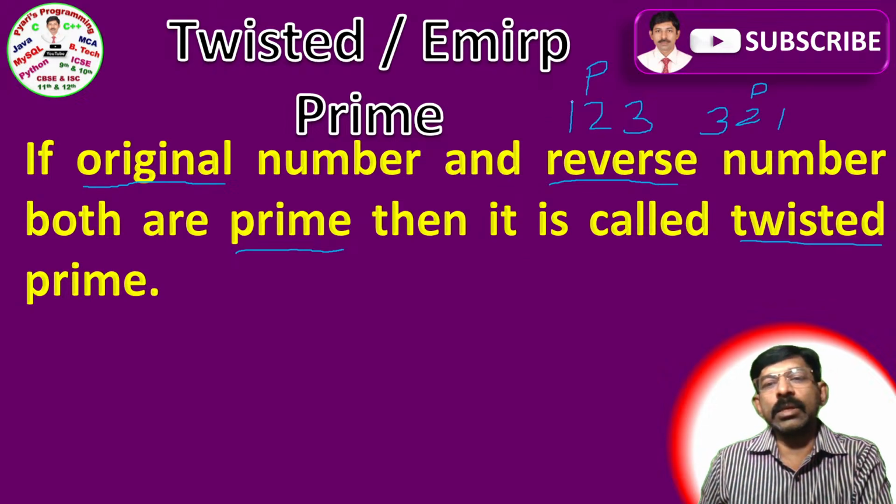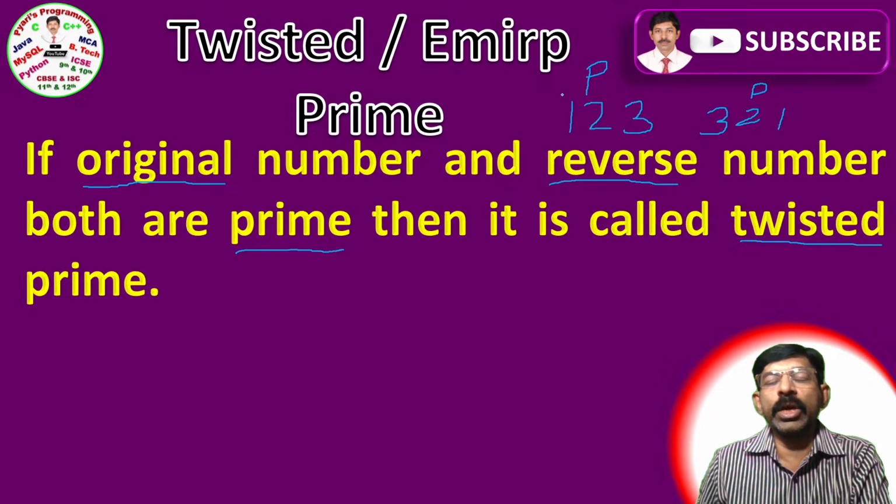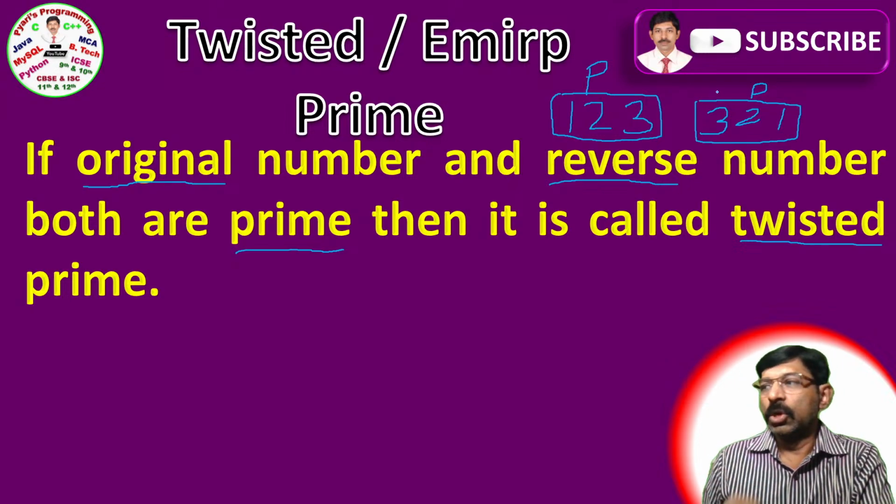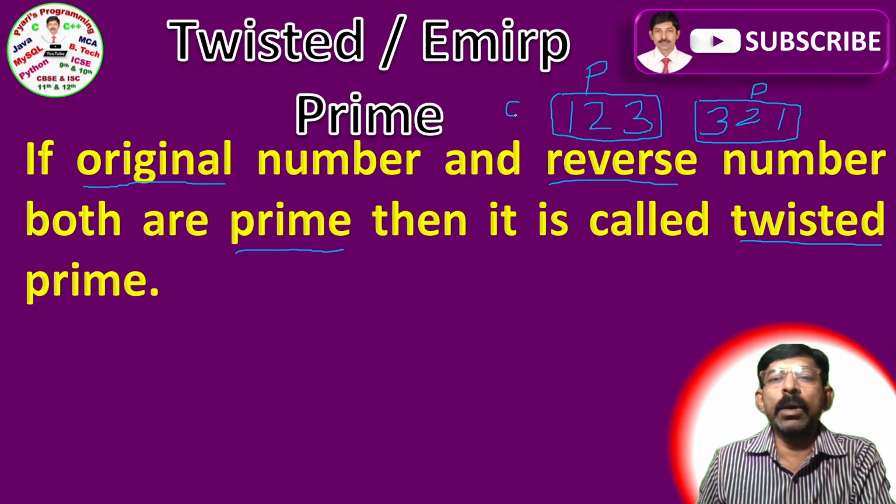For 9th class, it is enough that we check whether the original number is prime or not and the reverse number is prime or not. If both are prime, then it is called twisted prime. But for 10th class, you should display the message that it is not twisted prime because the original number is not prime.